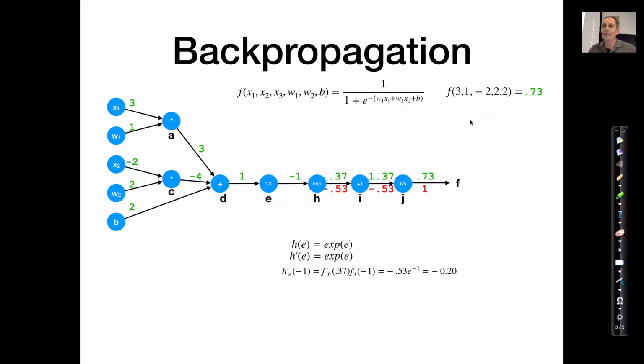So if we're calculating f prime with respect to e, then we want f prime h, which is 0.53, and then j prime negative 1. So e to the negative 1, which is negative 0.2. Then we have basically negative 1, so we're going to multiply this by negative 1.